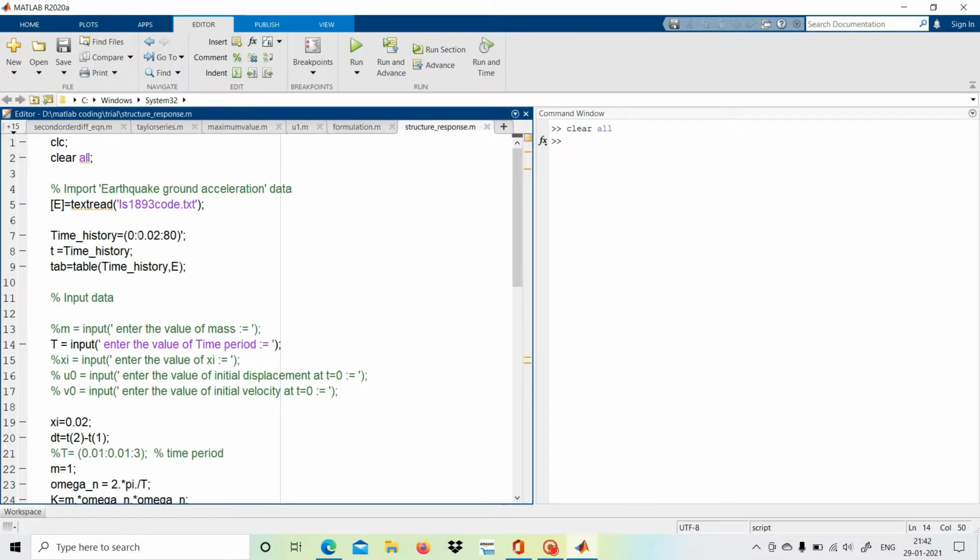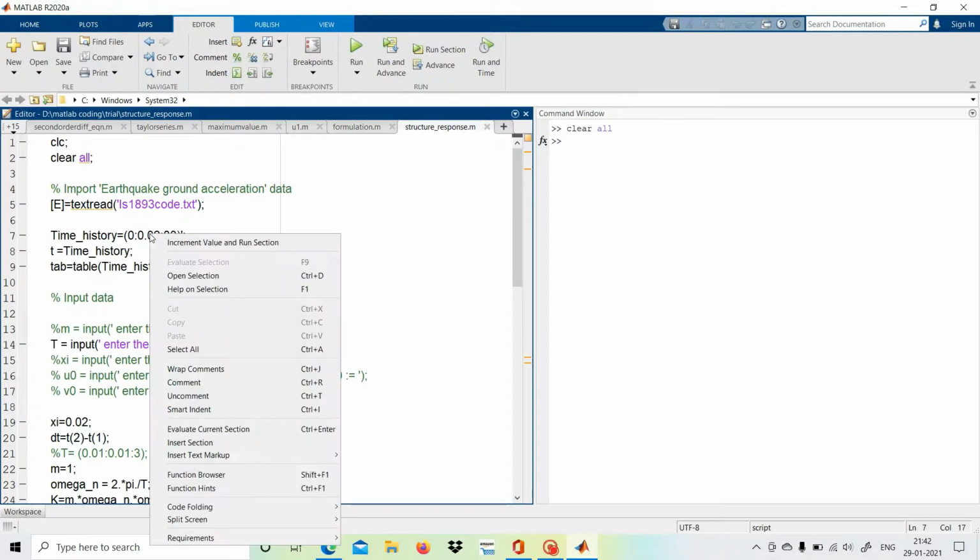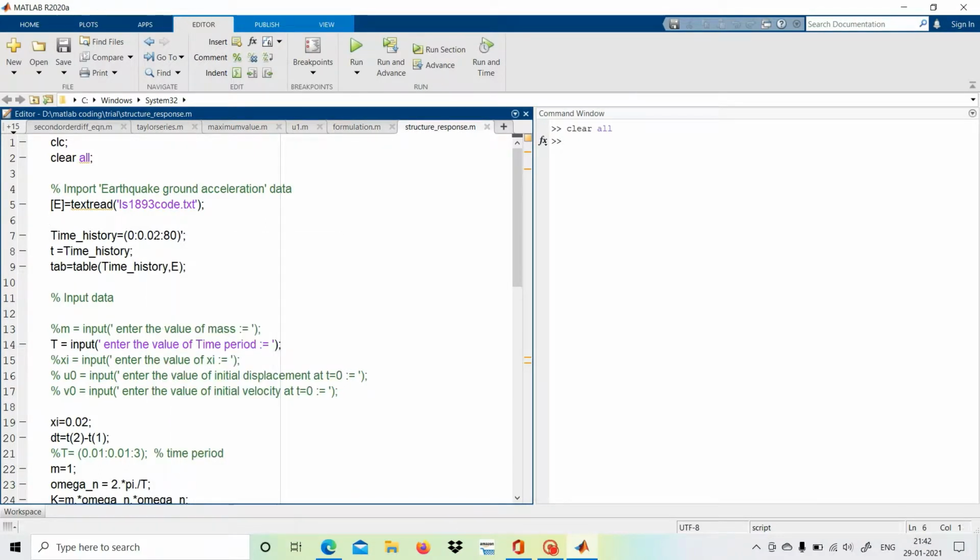So we are discretizing it with 0.02 seconds. So dt we can say here is 0.02, and that is here t2 minus t1. So we can cut with control x, and keep it here with control v. So t2 minus t1 is here, that data.